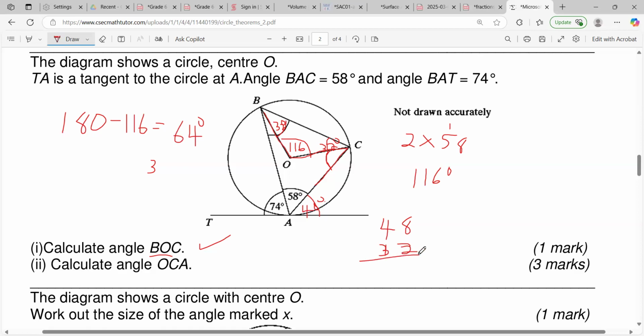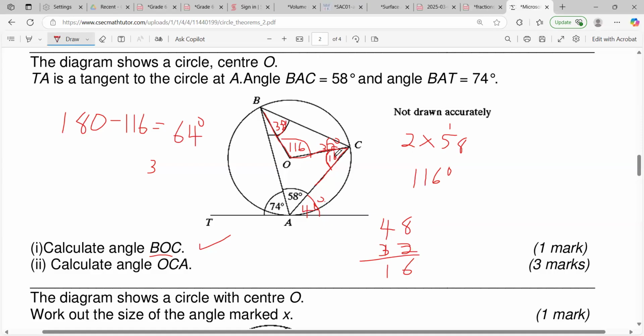So it's actually 16. So we are saying that this is 16. And that will give you the 3 marks. So they only want this little piece here. They don't want all of this. So we are ignoring the 32. We just need to figure out this part alone.